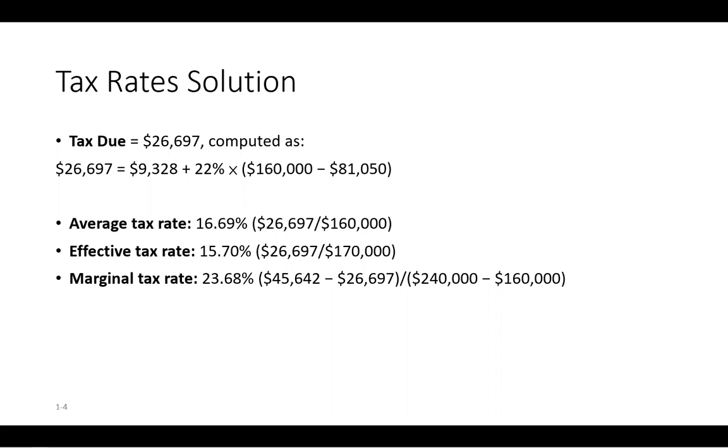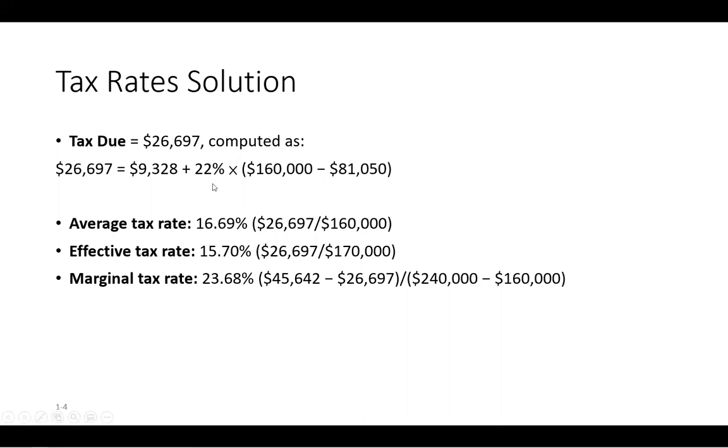Sometimes people will say, what's my marginal tax rate? We're not talking about adding any more money into their income in that scenario. We're just saying, what's my marginal tax rate? Marginal tax rate can be viewed as what percentage the next dollar of income, taxable income, will be taxed at.